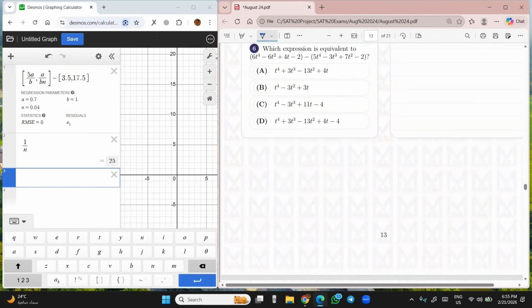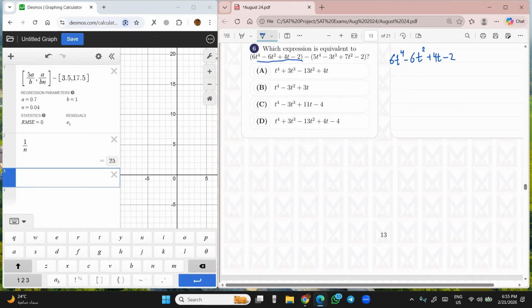Question 6, which expression is equivalent to this? If you have a negative sign between the two polynomials, you need to distribute the negative sign to the second polynomial. So we write this again without any changes, but we can only remove the parentheses. So we can write 6t to the 4th minus 6t squared plus 4t minus 2.